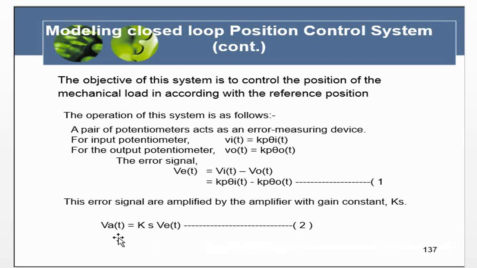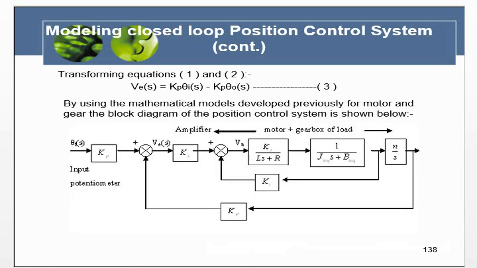It is the amplified signal. Transforming equations 1 and 2, we get that P_ES is equal to K_P theta_IS minus K_P theta_OS. This is equation 3. And then by using the mathematical model developed previously and the gear, the block diagram of the position control system is like this.